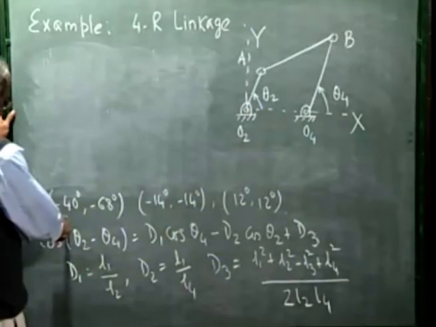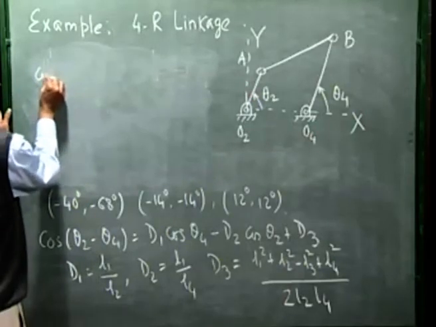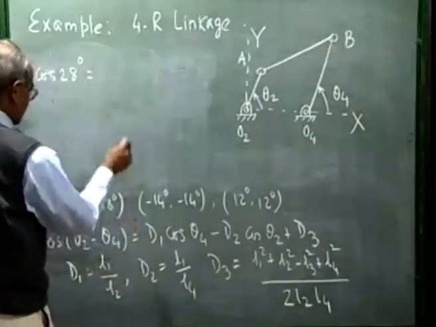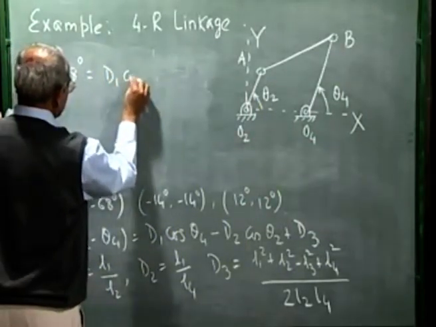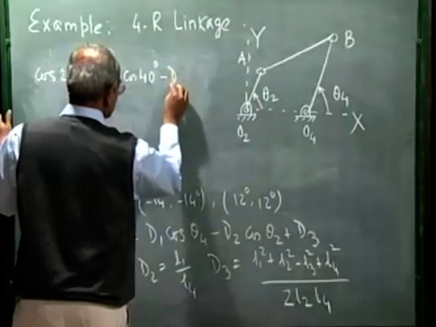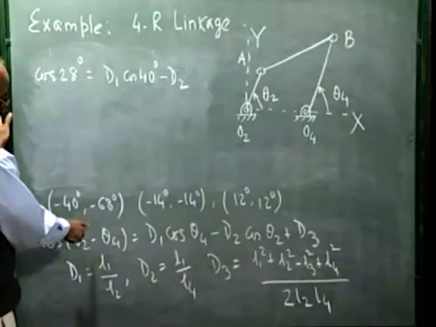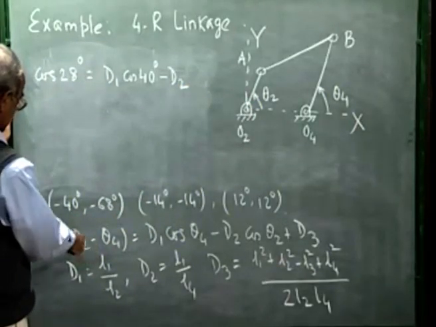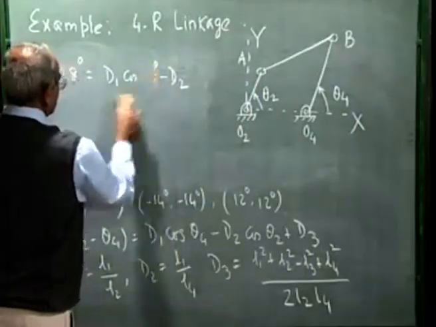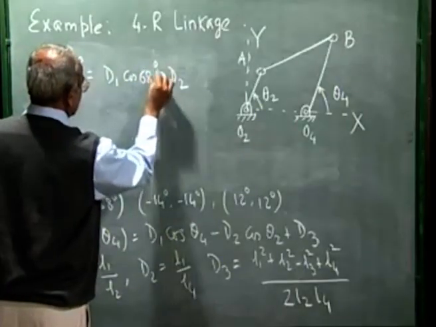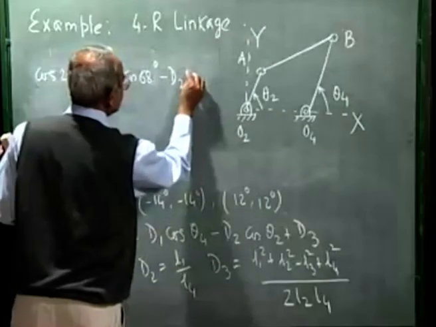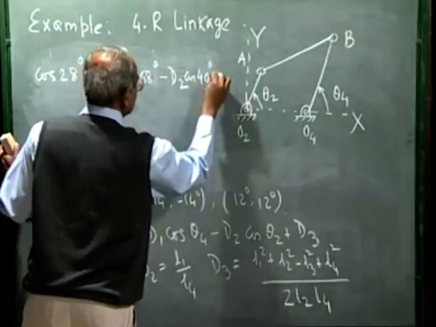Cosine minus 40 minus minus 68, that is cosine 28 degree, is d1 cosine minus 68, sorry, this is 68, right, 68 degree, minus d2 cosine theta 2, which is 40 degree, plus d3.